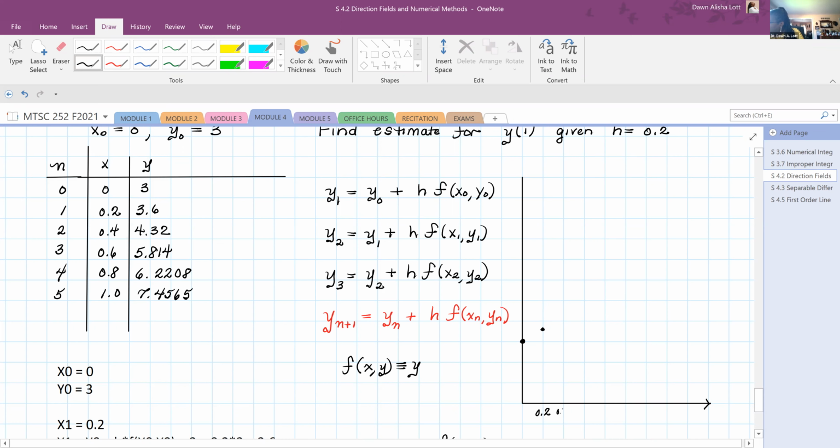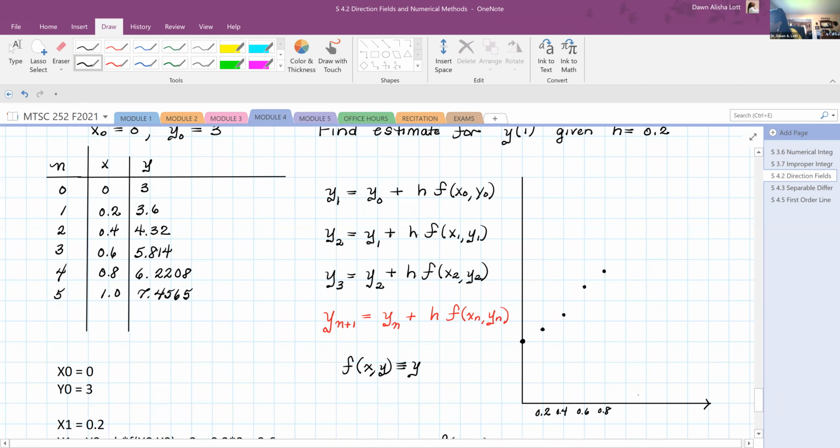At 0.4, I am at 4.32. At 0.6, I'm at 5.81, so that's 5.8. That would be somewhere high. At 0.8, I'm at 6.2. So that might make me somewhere around here.